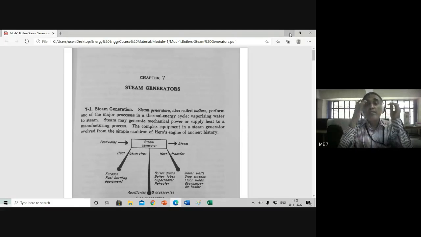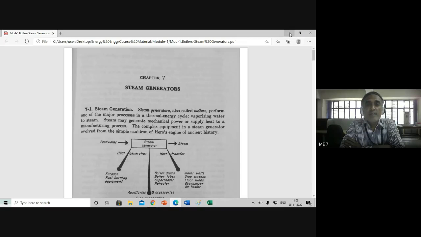Now coming to the steam generator. Steam generation or steam generators are nothing but a boiler. Boiler is a general word. Steam generator is the engineering technical word, the mechanical technical word. Steam generators, also called boilers, perform one of the major processes in a thermal energy cycle, vaporizing water to steam.